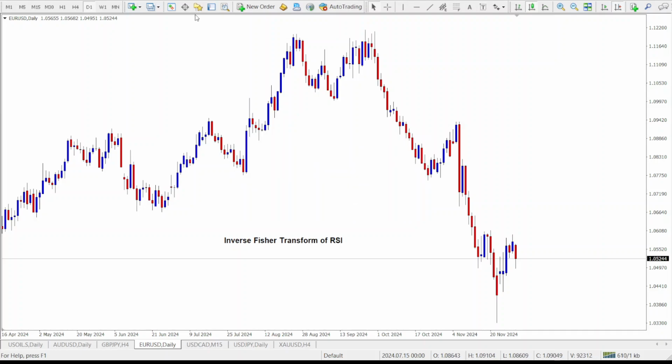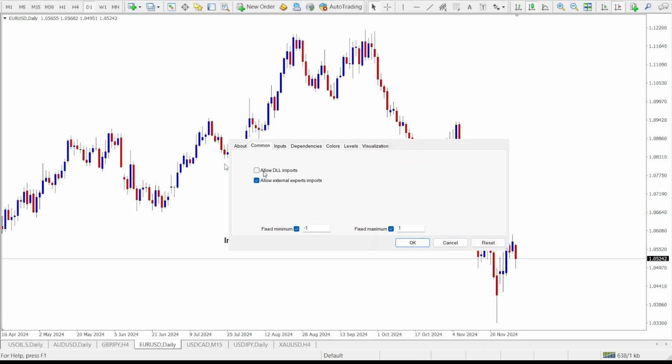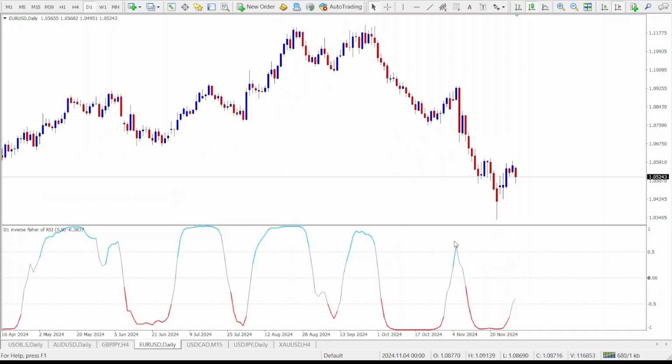So this is the name of the indicator, and I'm just going to add the indicator to the chart right away. Okay, so this is the inverse Fisher transform of RSI indicator. This is how the indicator looks.